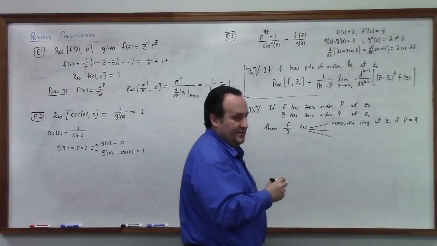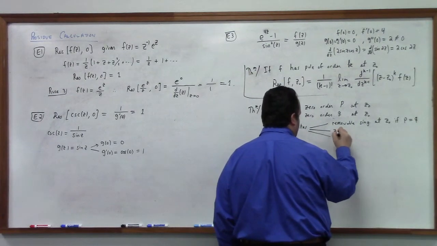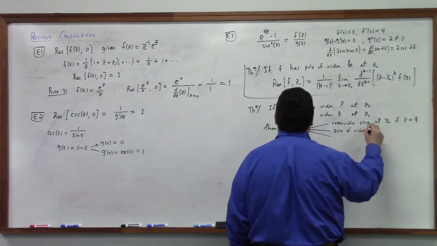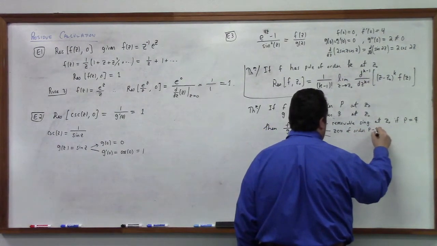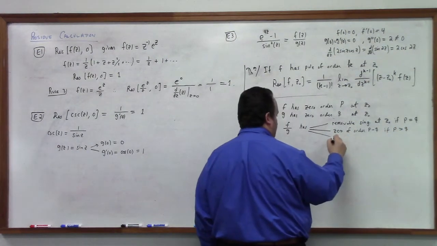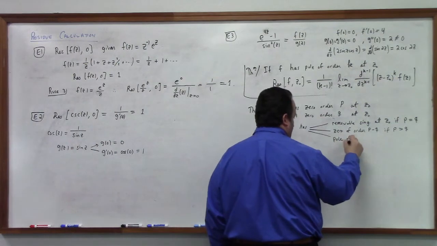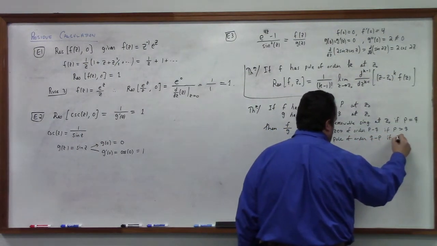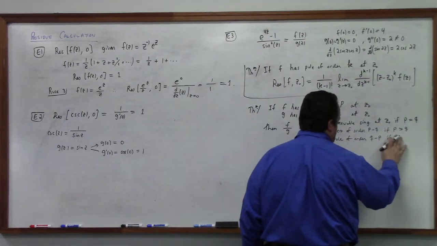All right? It has a zero of order p minus q if p is greater than q. It has a pole of order q minus p if q is greater than p, let's say.